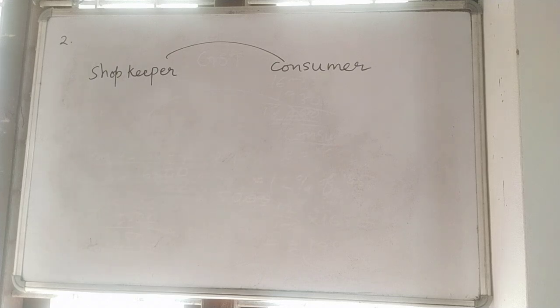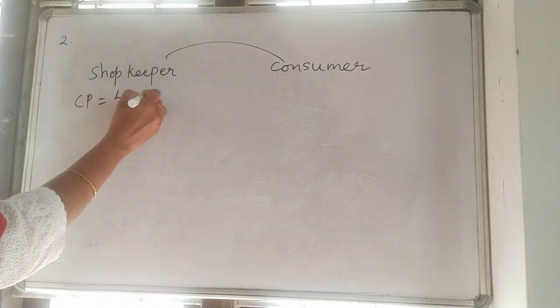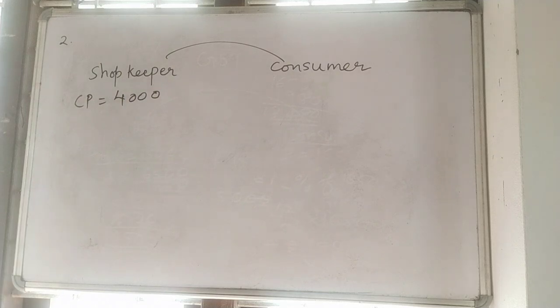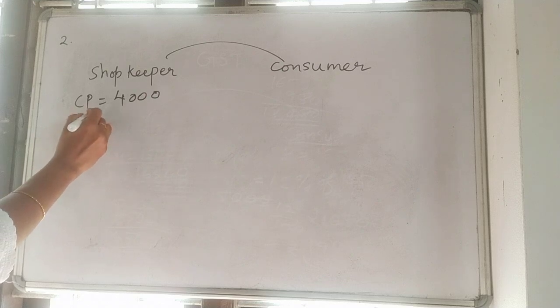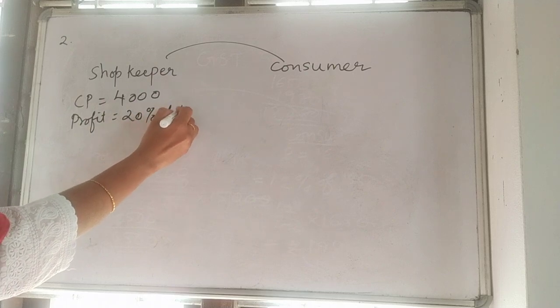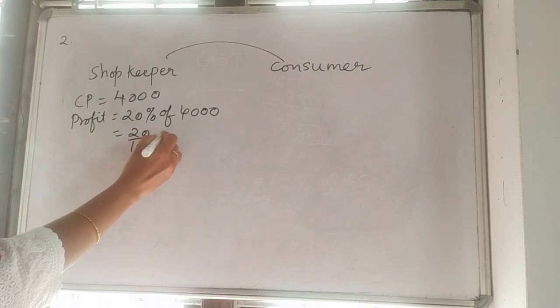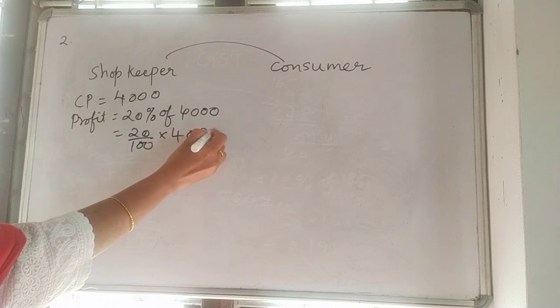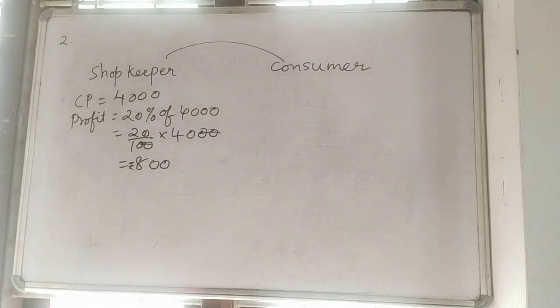Given, the cost price of the shopkeeper is 4,000, and a profit of 20%. So profit will be 20% of 4,000, which is 20 by 100 into 4,000. So it will be 800 rupees profit.